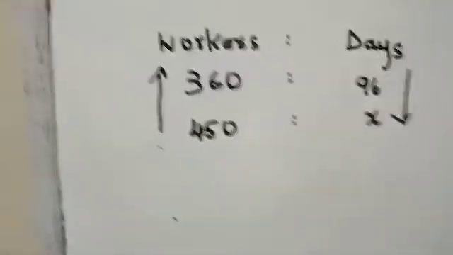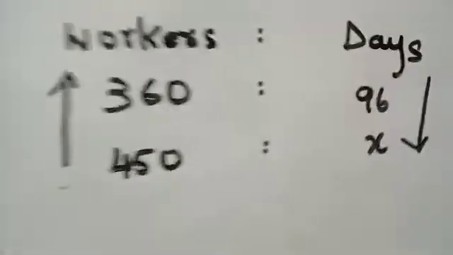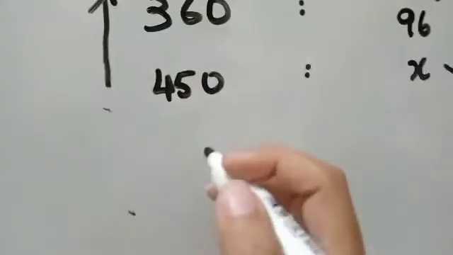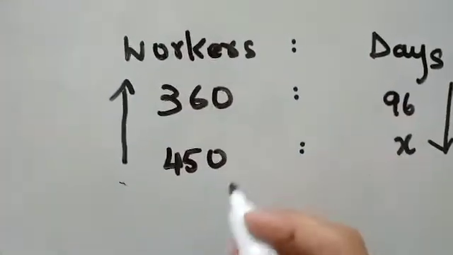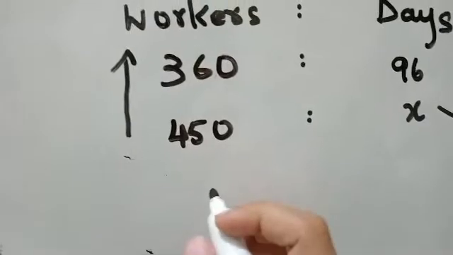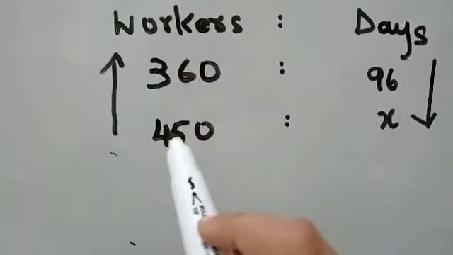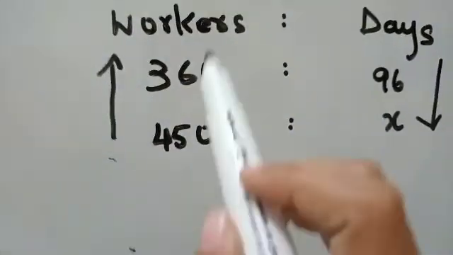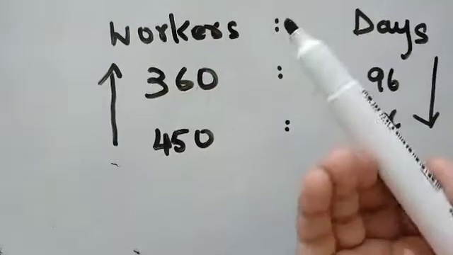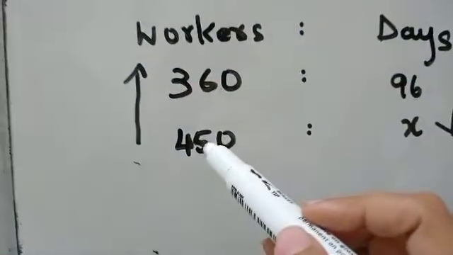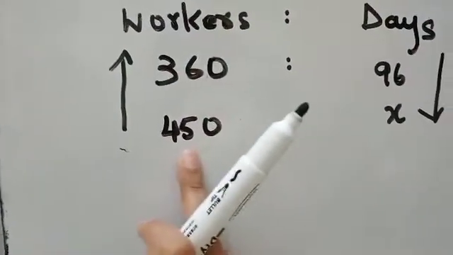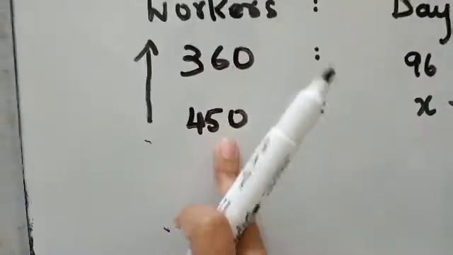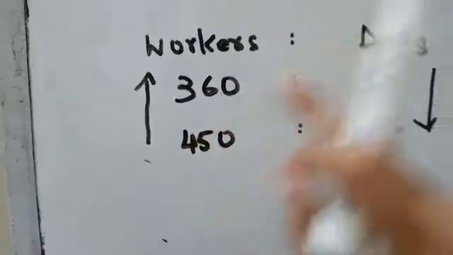Now I am making the sum. When you are making the sum for inverse proportion, you have to be careful. For the first ratio, whether it is with x or without x, you will write it upside down. The down value you will write first and the up value you will write second.